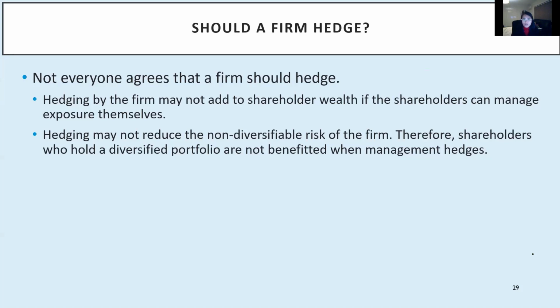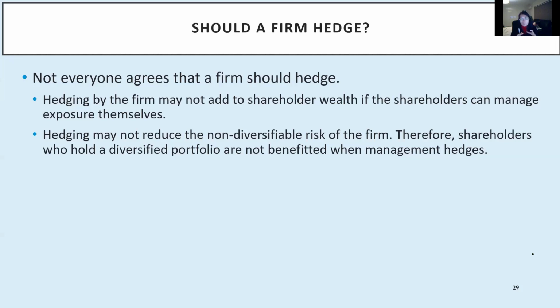Now, first of all, in terms of theory, if we assume that everyone is rational and if you assume that the market is very, very efficient, then the firm should not do the hedging. The firm should not make the decision to hedge. It should be the shareholders who need to hedge themselves, okay? Why is that the case?